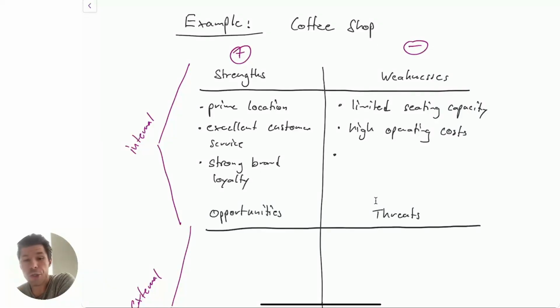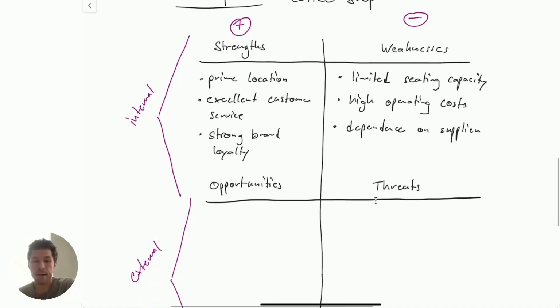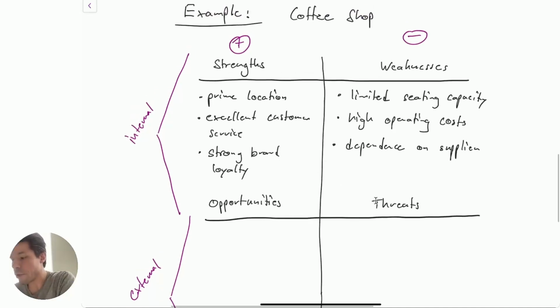And then also one internal weakness could be dependence on a supplier for the coffee beans. And again, this depends on the specific coffee shop, but just as an example, you can see some of the strengths, some of the weaknesses.